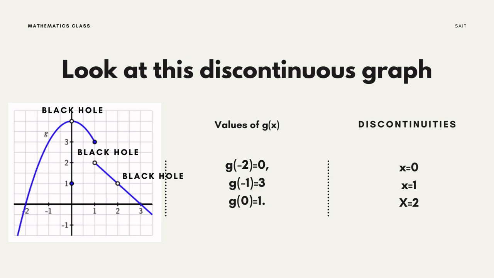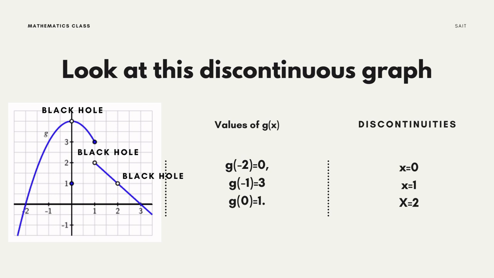See, in this graph, you have 3 black holes, and these are the discontinuities of your graph. So x at 0, at 1, at 2. But then take a look at this function, it's called g, so g of x, and you can see that at points of continuity, your function is perfectly fine.